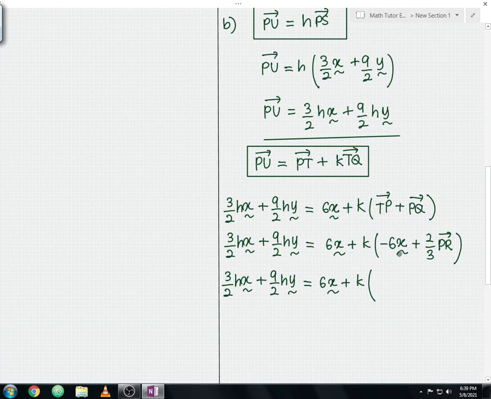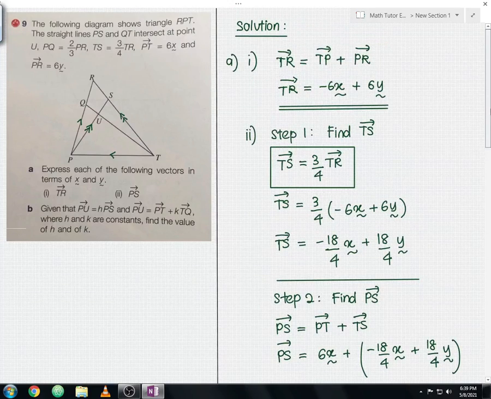So from here, we will solve the vector that is inside the bracket first, guys. Negative 6x plus 2 over 3. If you're wondering where is the vector PR, let me scroll this up. In this case, vector PR is 6y, guys.